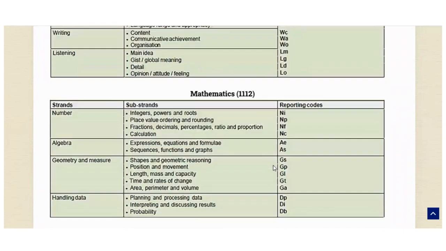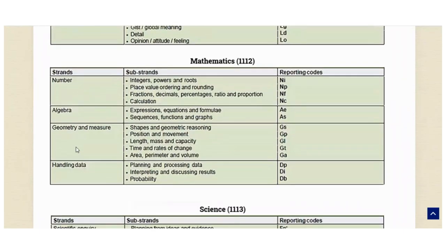And then we have mathematics. So you can see for maths, these are the 4 strands: number, algebra, geometry and measure, handling data. And within that, they have these sub-strands, which they group together, which I think all of you should be okay. Yes, I think paper 2 for mathematics is calculator based.